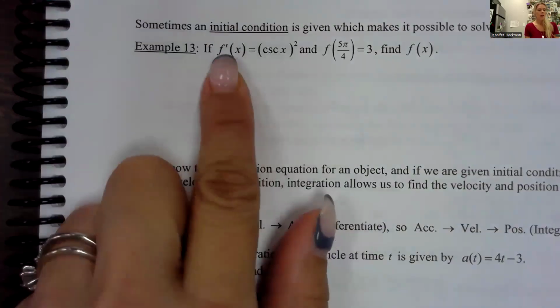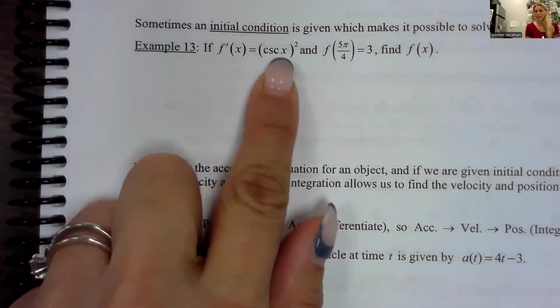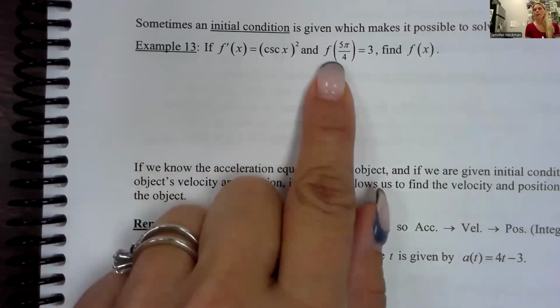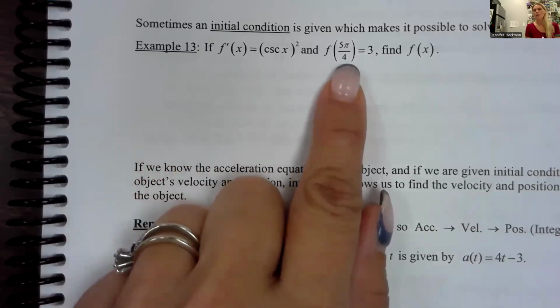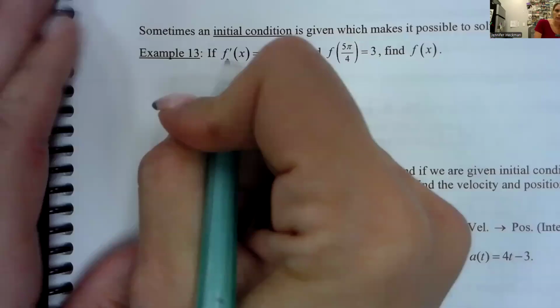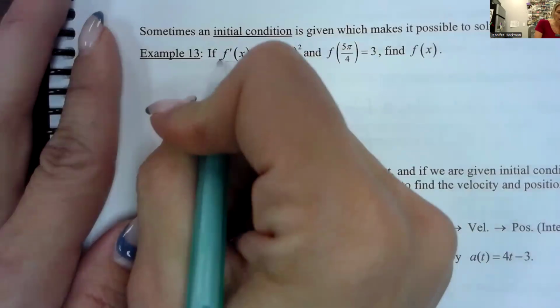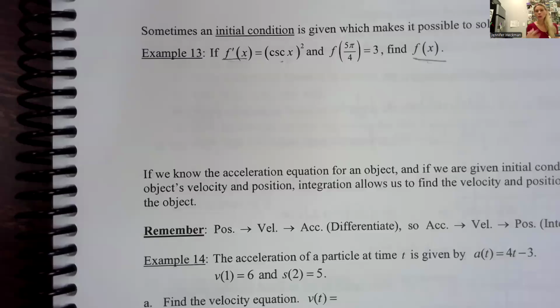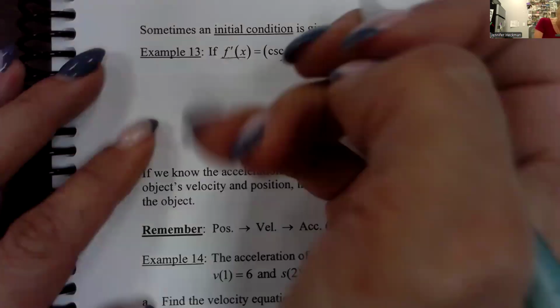We have f prime is cosecant squared x, and f of 5 pi over 4 equals 3. As you can see, because we have the derivative but we need the function, that shows you you're going backwards.